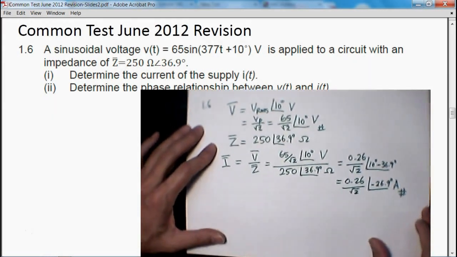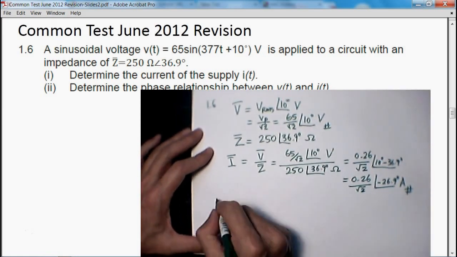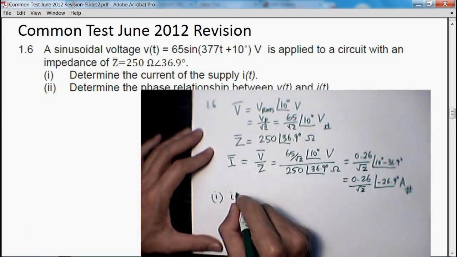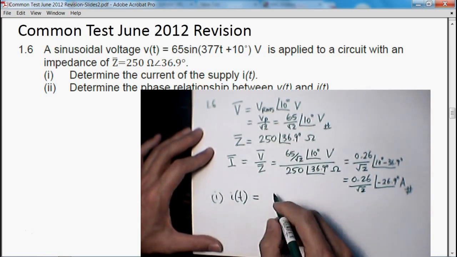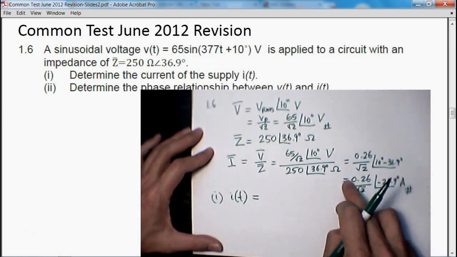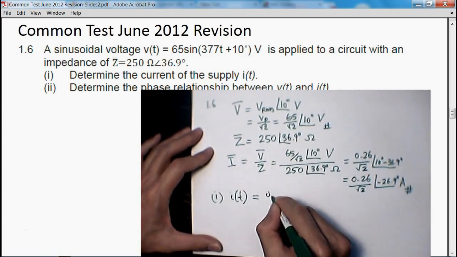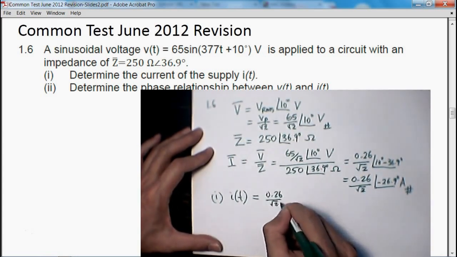Alright, now to convert this to sinusoidal, I will have I_T. This time I need the peak value. Now the peak is the RMS value multiplied by root 2.